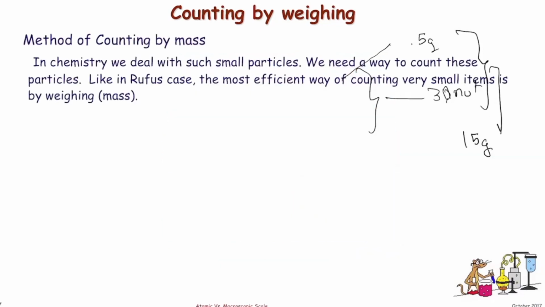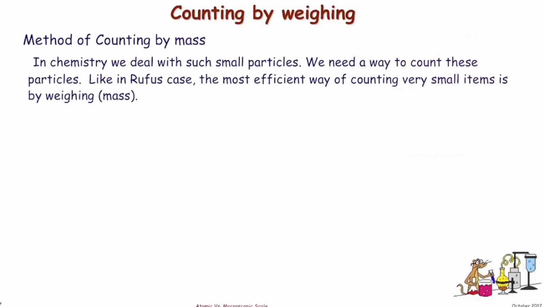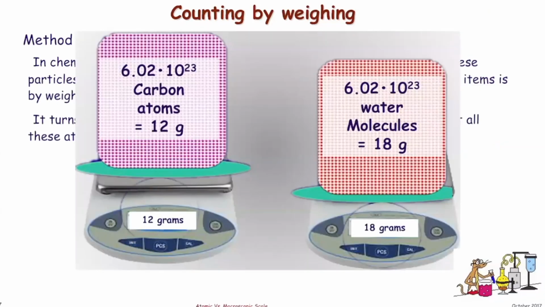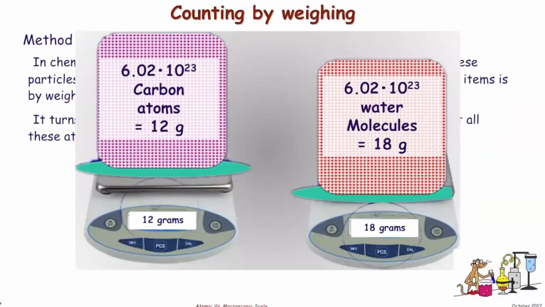So let's take a look at this right here. Counting by weighing. And why do we do that? The reason is that it's the most convenient way of counting atoms, because atoms are so small, okay? 12 grams of carbon actually contains 6.02 times 10 to the 23rd carbon atoms, okay?